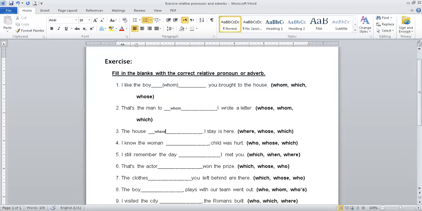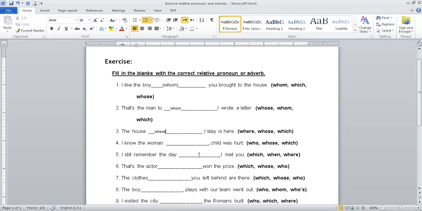Well, there is no preposition in this sentence, and we use which with a preposition. So we cannot choose which. Why didn't we choose which? Which needs a preposition with it. I can define a place with which but it must have a preposition. So here we use where to define a place. The house is a place. The house where I stay is here.